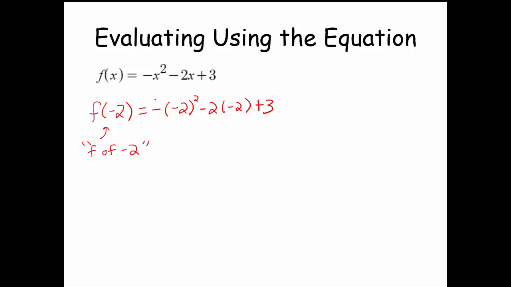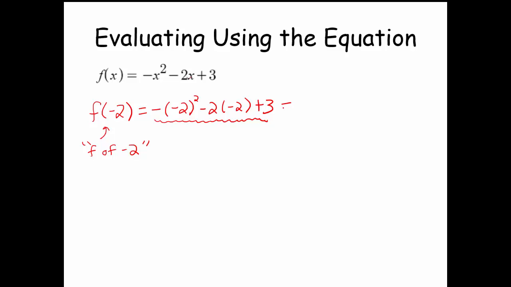Everything else stays. I'm just replacing x with negative 2. And now I'm going to evaluate all of this right here. When you're evaluating an expression, that just means you're finding the particular value.